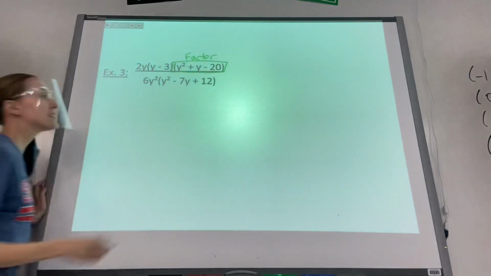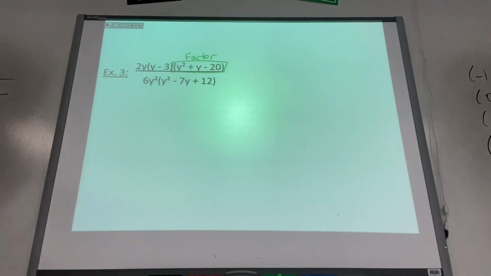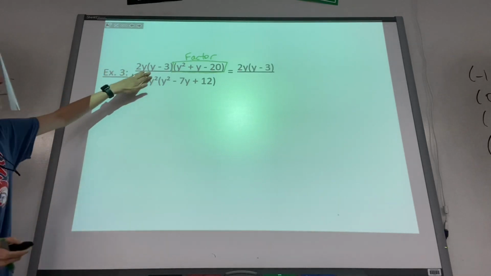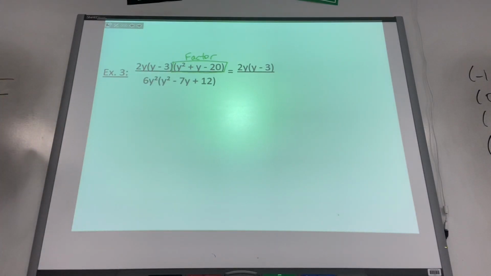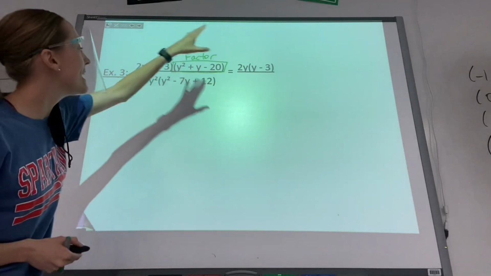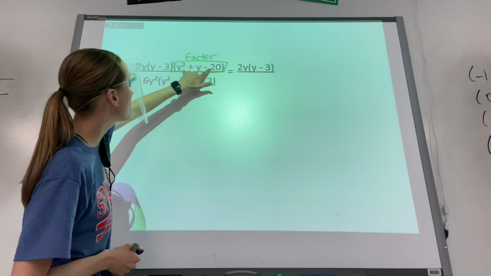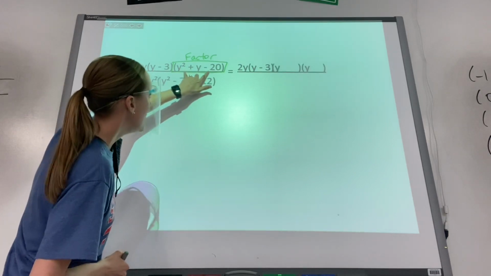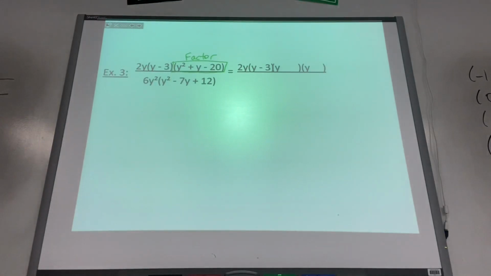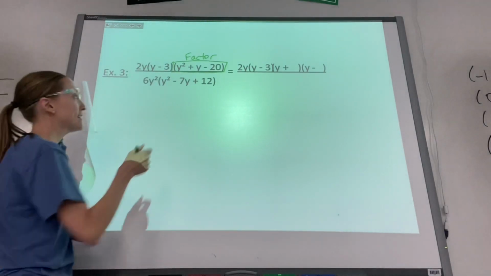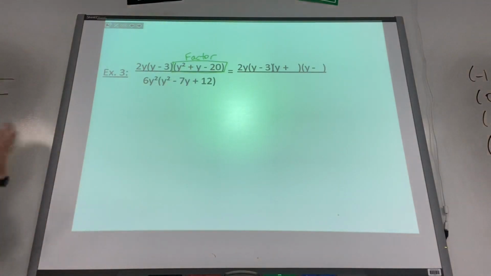This looks like it's nice factoring back here. So leaving the 2y times y minus 3, let's keep going and factor this part after it. So y times y is going to give you the y squared. Signs will be different. And again, this is nice factoring.